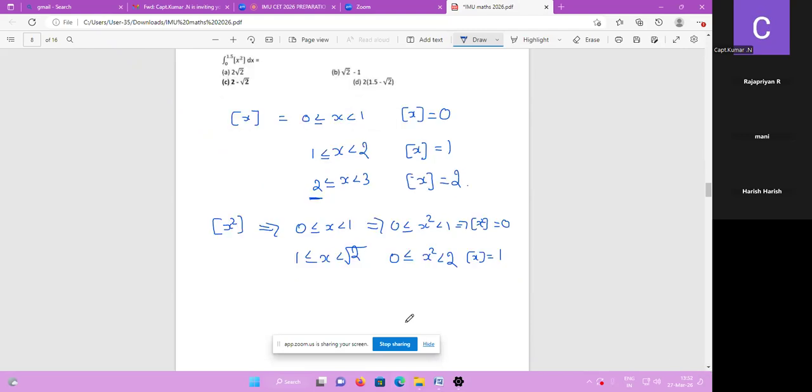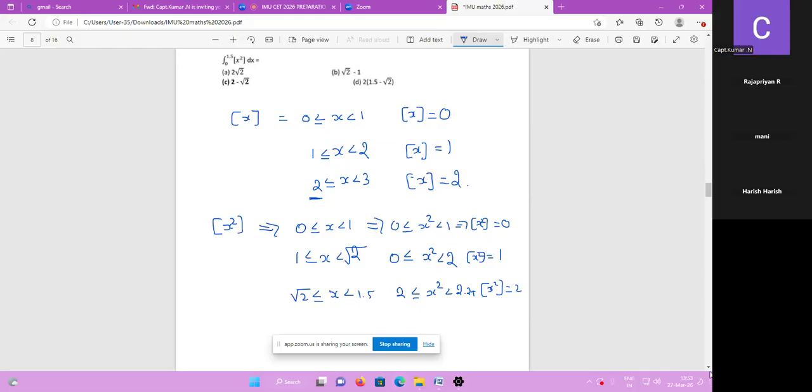So anything above root 2, and x, say 1.5, this is nothing but 2 less than or equal to x square. So 1.5 square will be some 2.25. It's between 2 and 2.5. So here your function value will be 2.